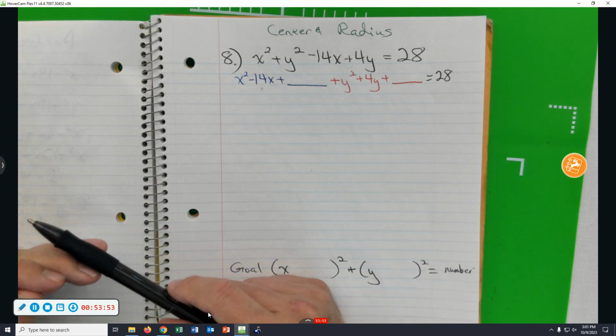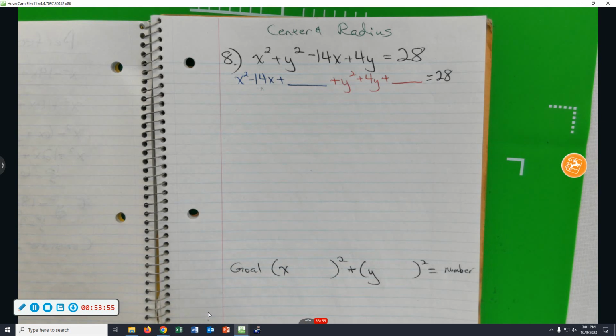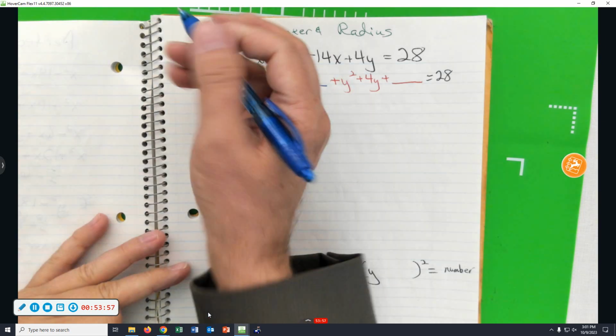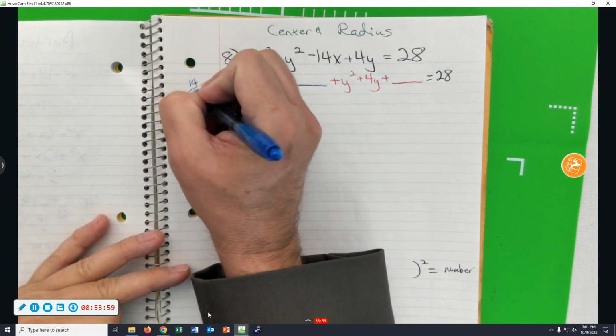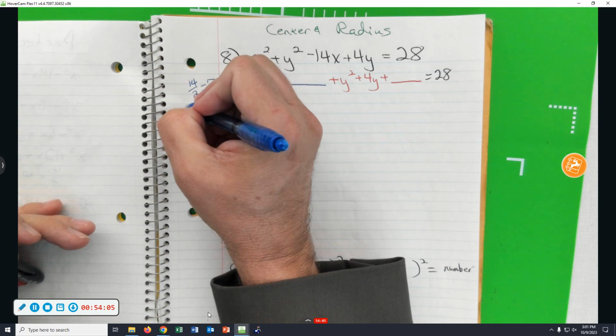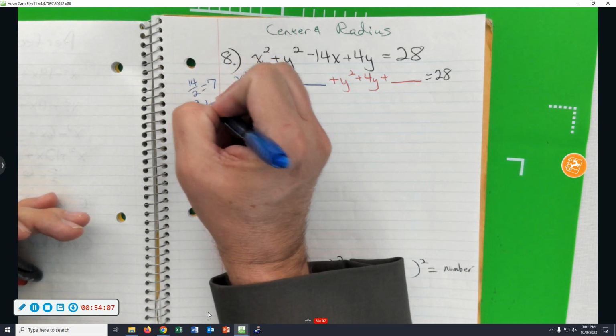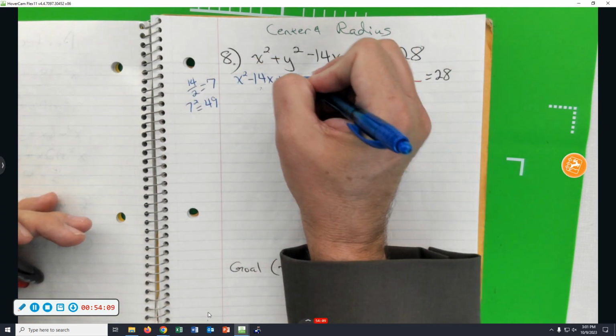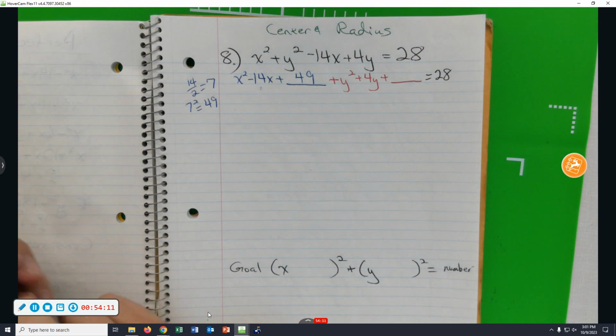What is it? Take half of it. 14 divided by 2 is 7. Then what do I do with the 7? Square it. 7 squared is 49. So we're going to put plus 49 right there.